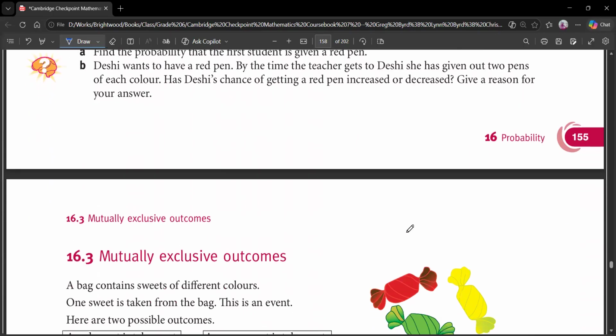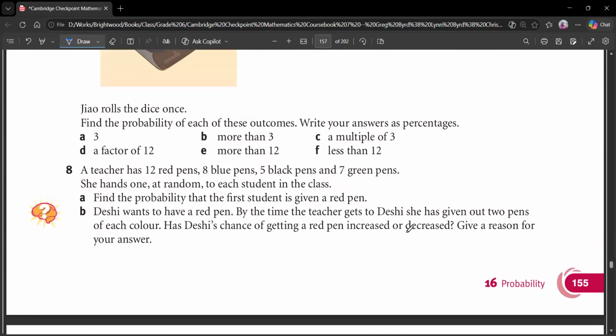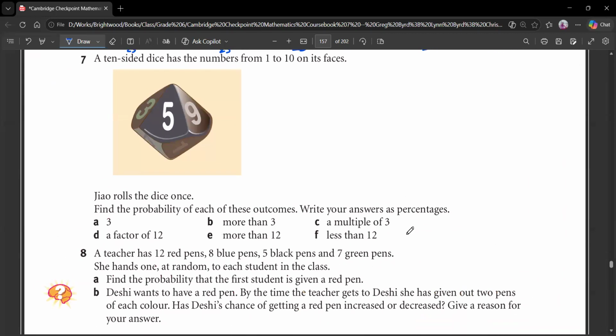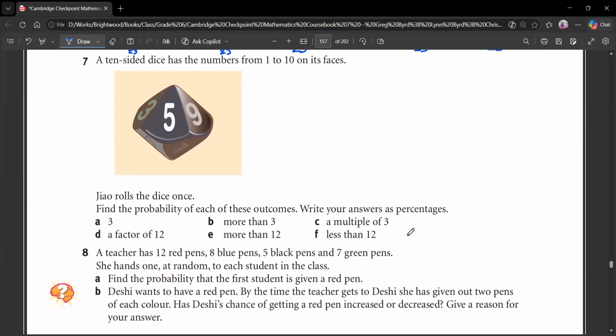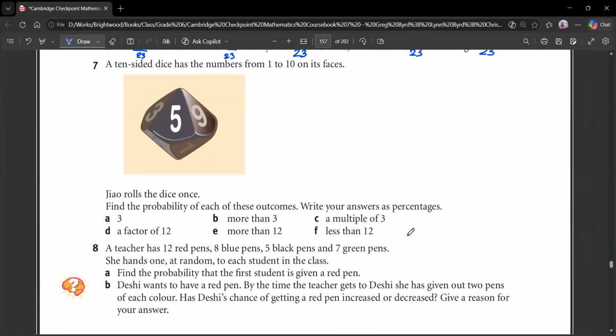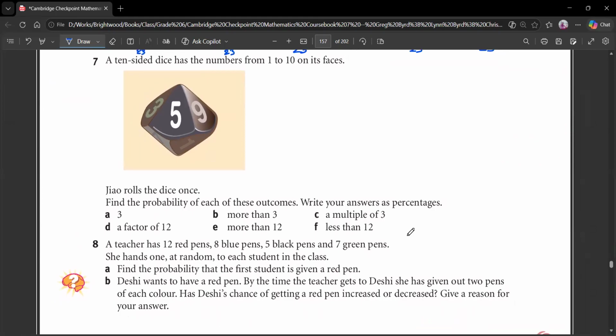Yes, you can do those questions. There are two more questions for you, the seventh question and the eighth question. Both of them you can try by yourself, and then you can share the answers with me.